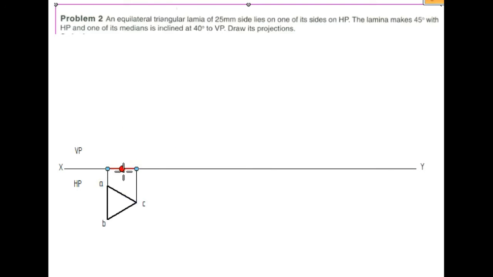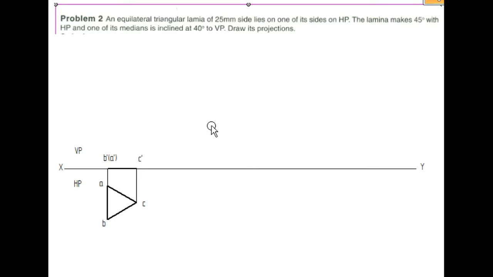So this line represents the front view of the equilateral triangular lamina. Next, naming. Because we are viewing from this direction, this point will be B dash in front view and the point A, which is hidden, is represented in brackets, so I represent it as A dash. Next the point C will become C dash in front view.